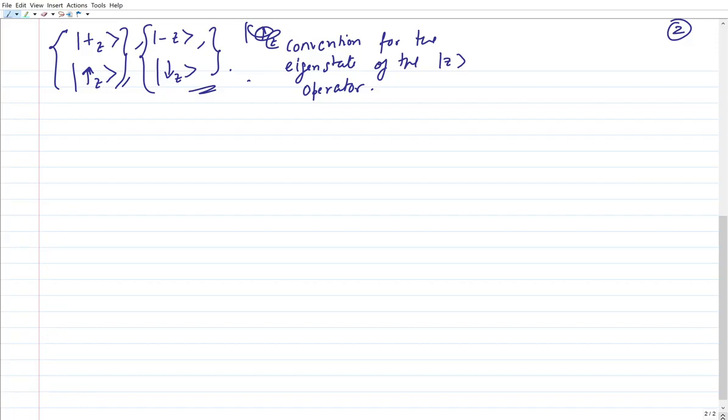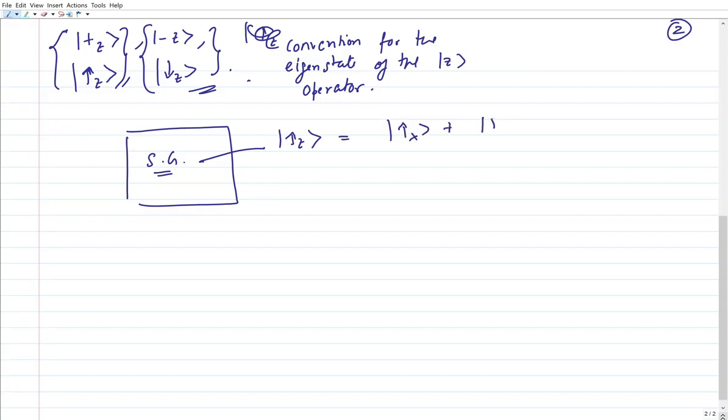Okay, so let's say you prepare a system in a state of maximal knowledge. You have a Stern-Gerlach setup or something that pops out the state, which is also given in the x basis as this guy.